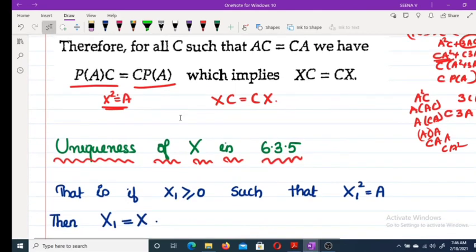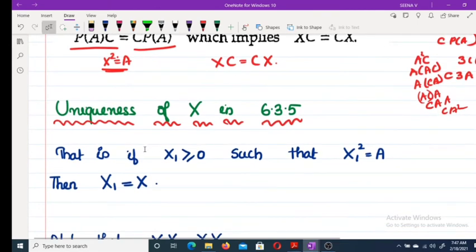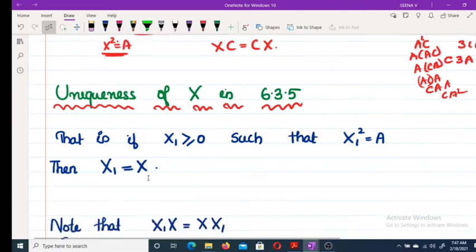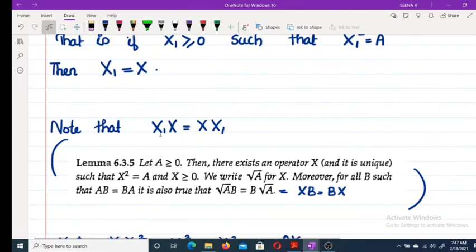Now, uniqueness of x. That is what we have to prove. We have to prove if x1 greater than or equal to 0 such that x1 square equal to a, then x1 equal to x. Okay. Note that x1x equal to xx1. Why? We have this condition.